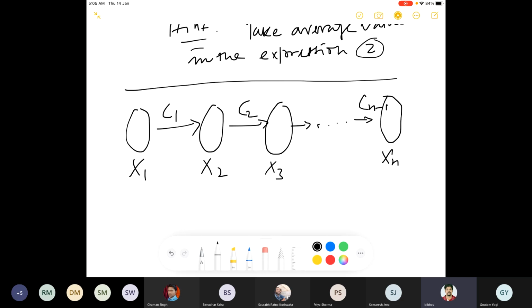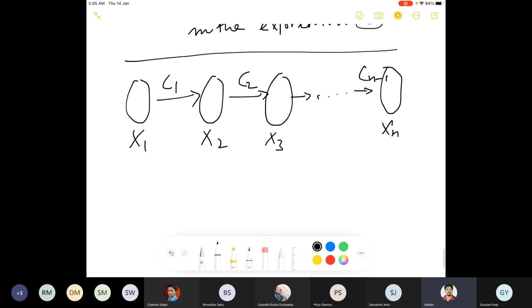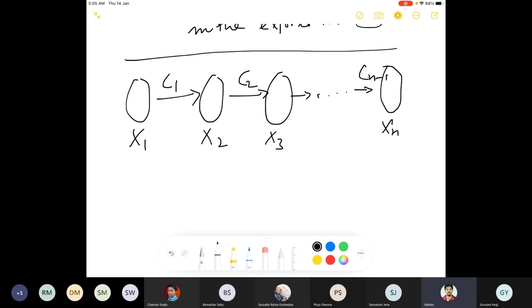So if I want to consider this kind of a channel, where somebody is transmitting information from one station to another station, then from that station to another station, and so on. If this is how the information is being transmitted, then the question is, how can we define mutual information between some random variables when something else is given.